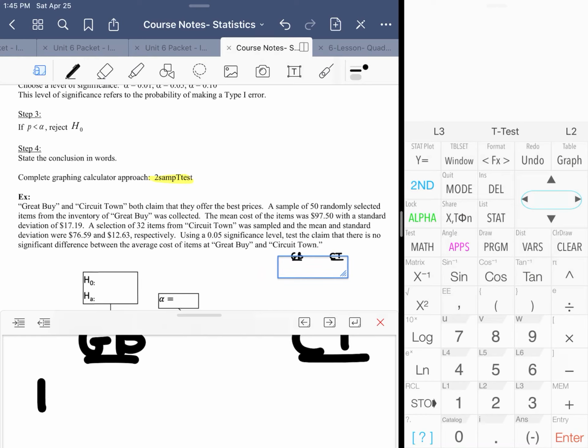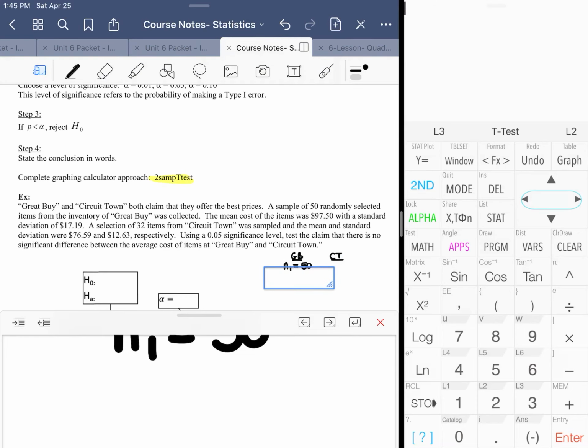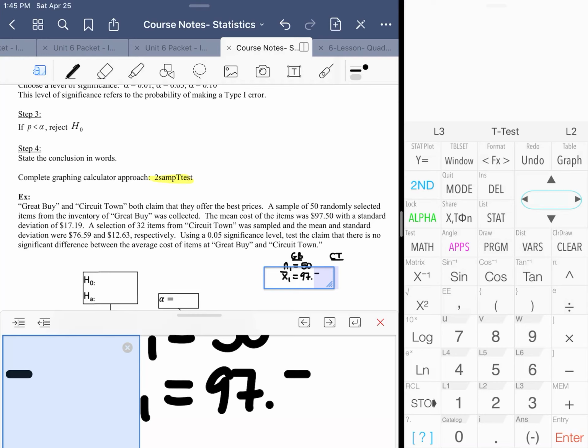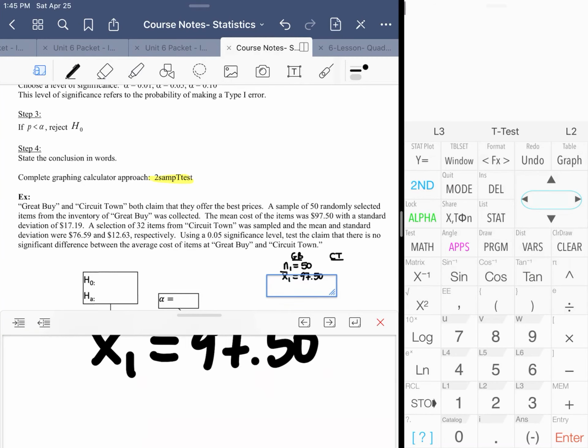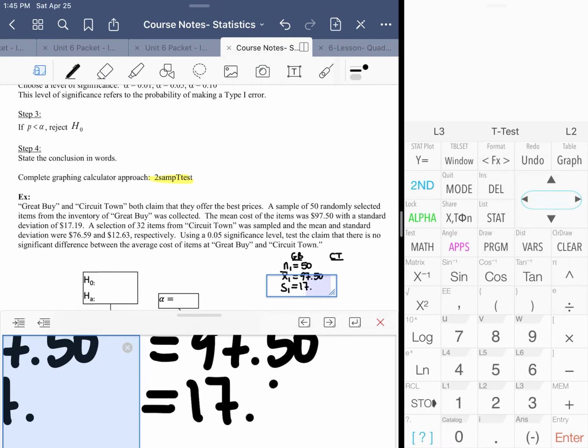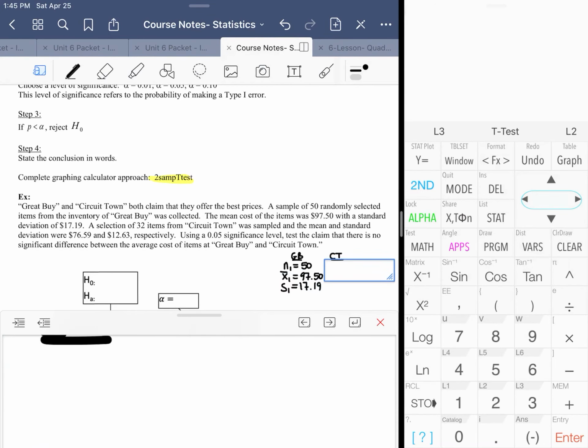Both claim they offer the best prices. A sample of 50 randomly selected items from the inventory of Great Buy was collected. The mean cost of the items, it's a sample mean because it's of these 50 particular items, is $97.50 with a standard deviation of $17.19.